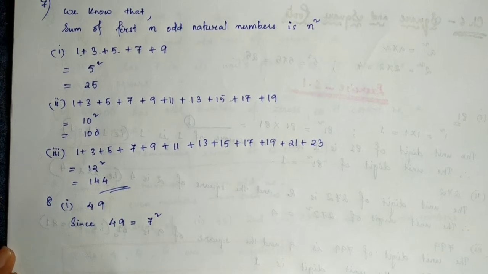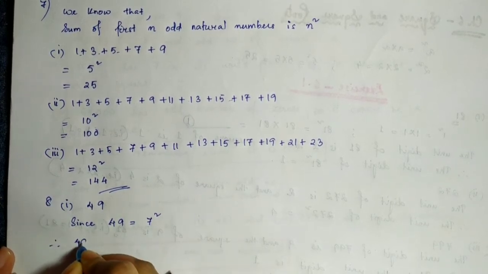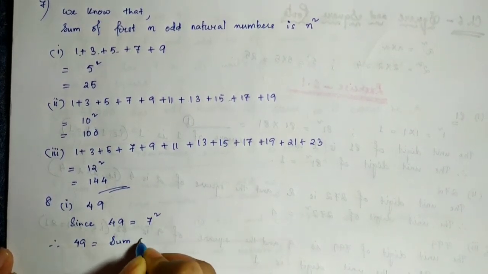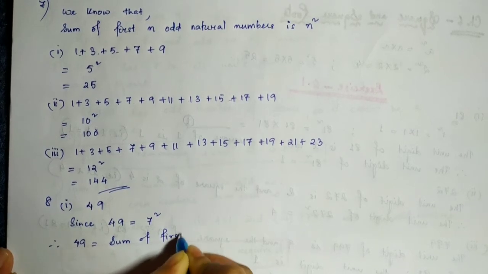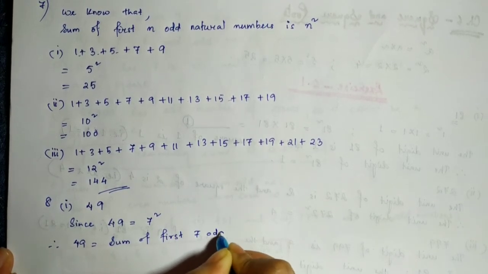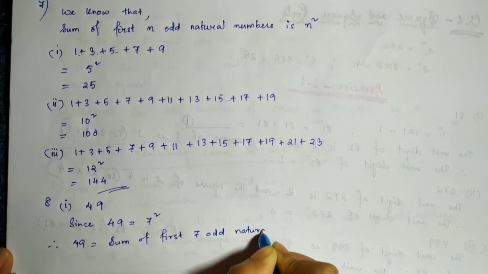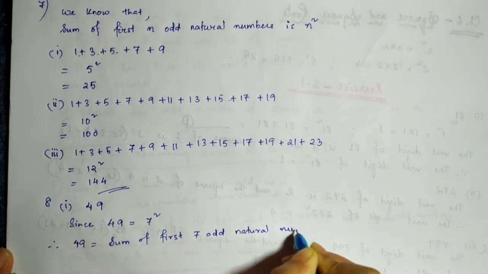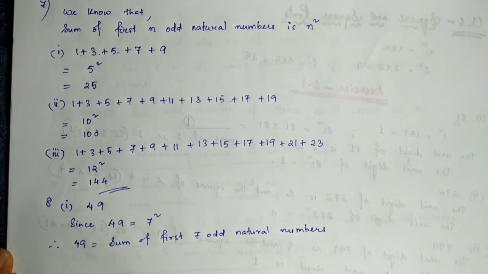So 7 square can be written as what? 49 will be equal to the sum of the first 7 odd natural numbers. Right? So what are the first 7 odd natural numbers?